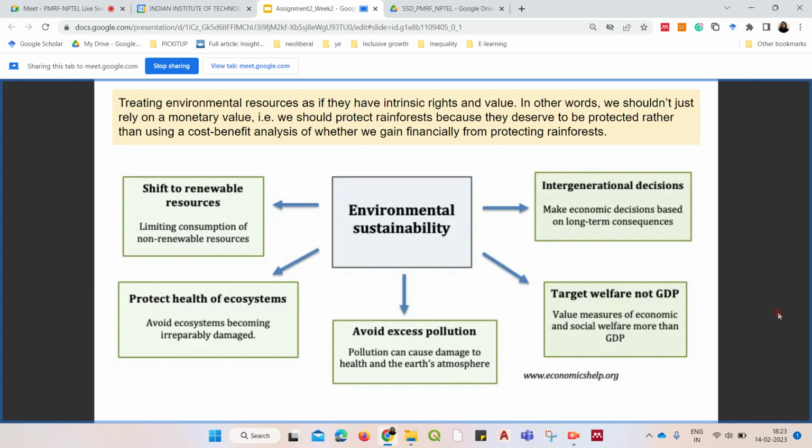So that is why we should try to shift to renewable resources. Fossil fuel produces energy. So an example of shifting to renewable resources for energy would be shifting to solar power, or wind power, or hydroelectricity, or such things.